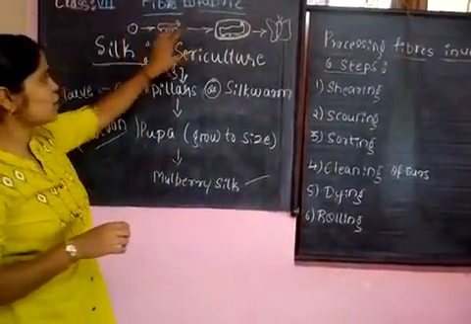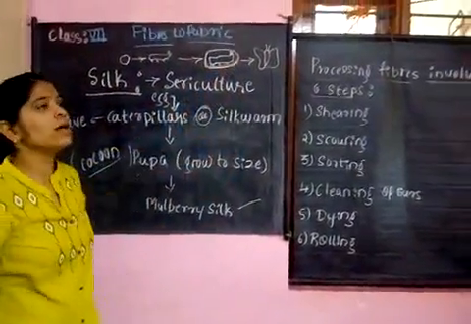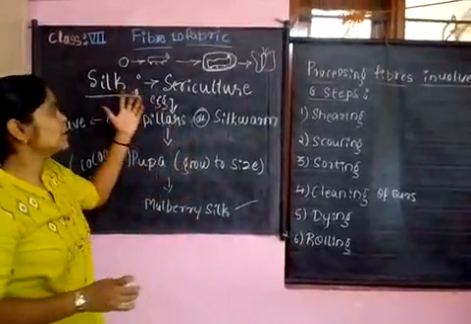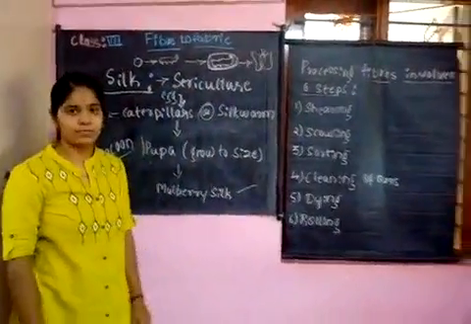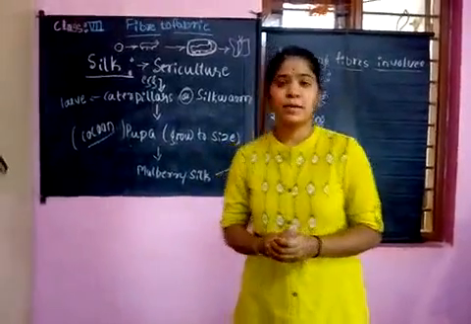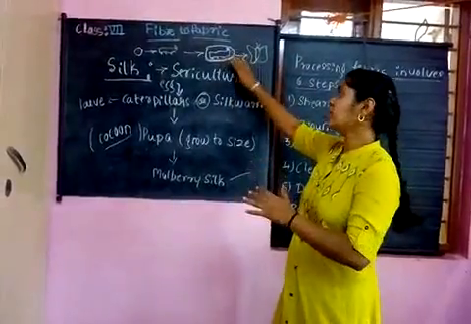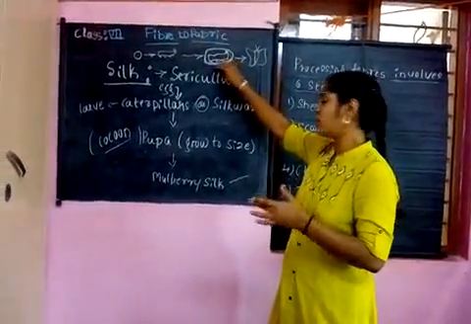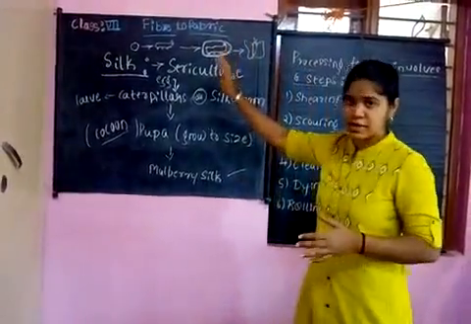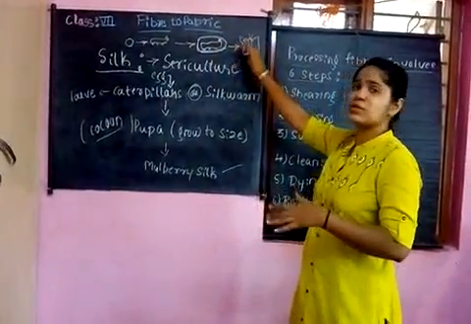Okay, this is how sericulture, or the life history of the silkworm, happens. So students, please remember that after this pupa stage, the silkworm or caterpillar will form into a silk moth.